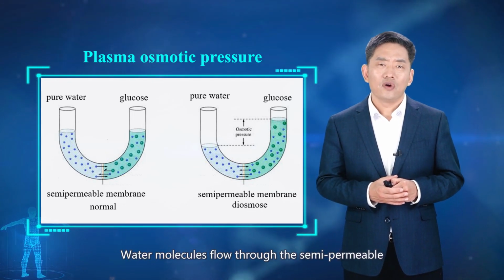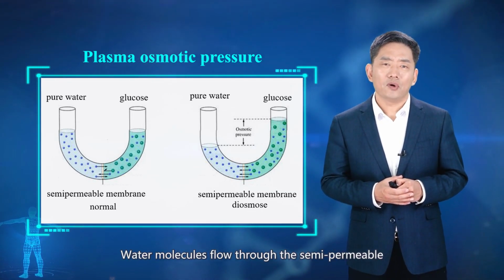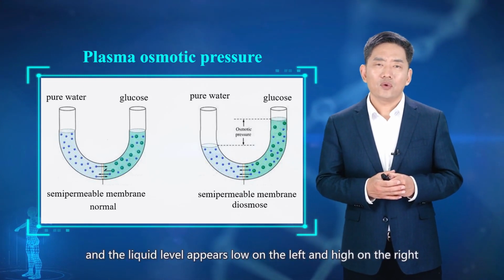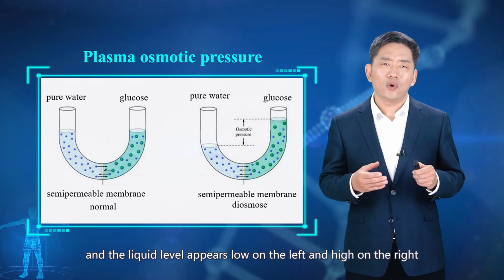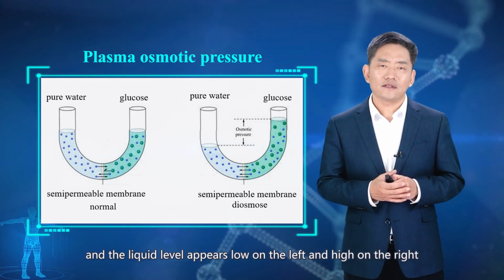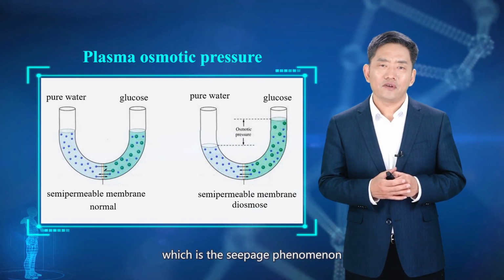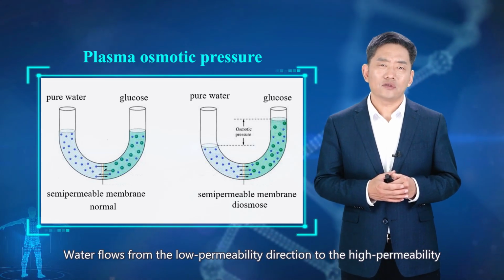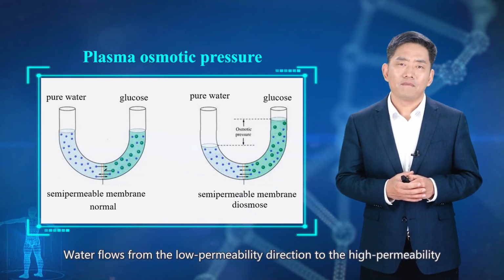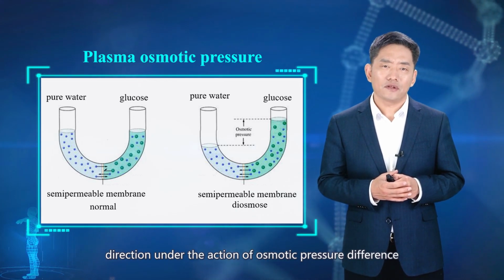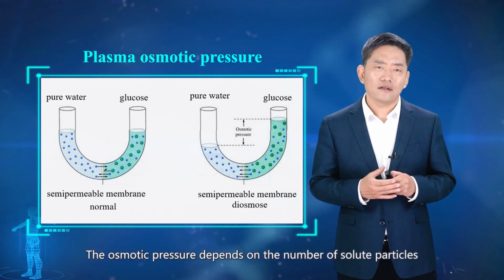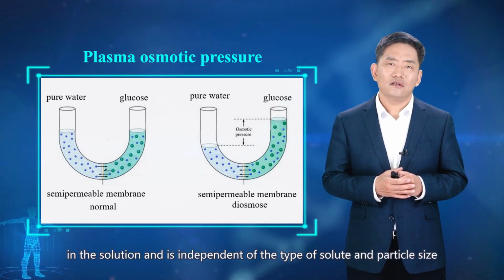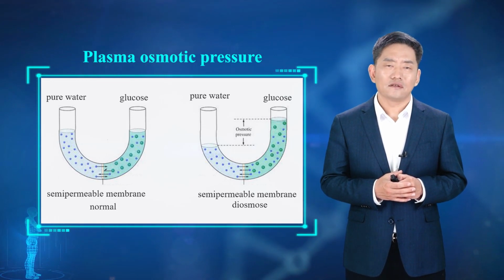Water molecules flow through the semi-permeable membrane to the glucose solution side, and the liquid level appears low on the left and high on the right, which is the osmosis phenomenon. Water flows from the low osmotic pressure direction to the high osmotic pressure direction under the action of the osmotic pressure difference. The osmotic pressure depends on the number of solute particles in the solution and is independent of the type of solute and the particle size.